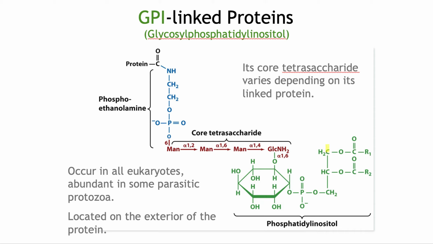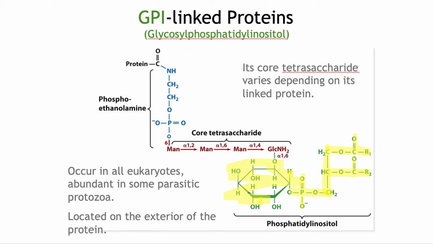So, notice that would be an example of the glycerol. You have a fatty acid, you have a fatty acid, you have a phosphate, so you have a phospholipid, a glycerophospholipid, and in this case it's attached to an inositol group, right?